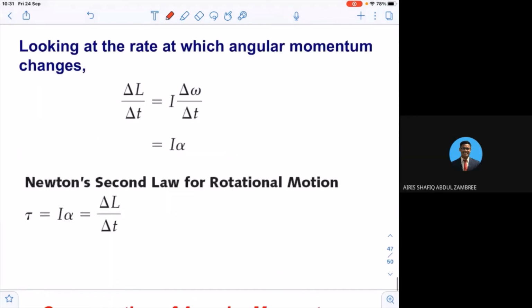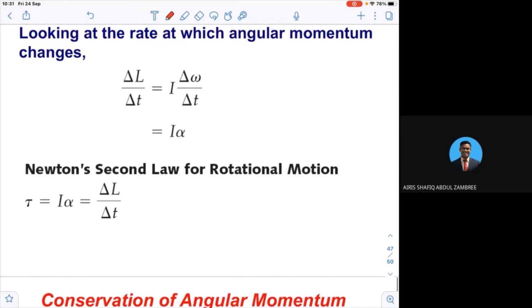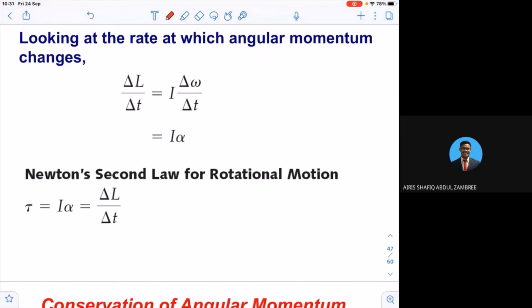Okay, and then of course, based on Newton's law, delta L over delta T is equivalent to I delta omega over delta T. So what is delta omega over delta T? It should be alpha. So I alpha is equivalent to torque.